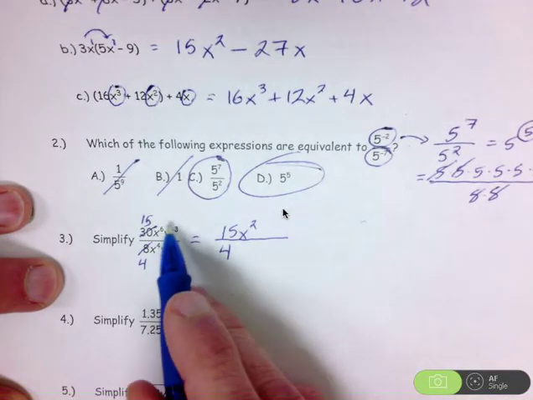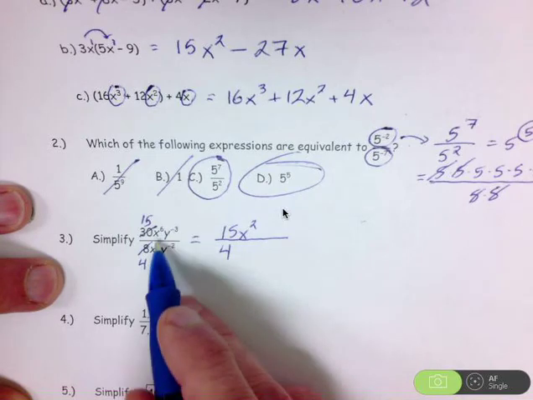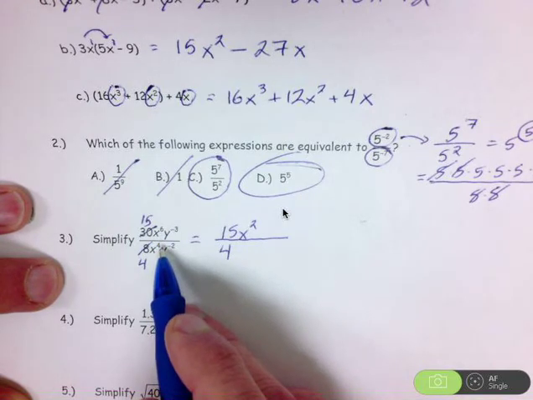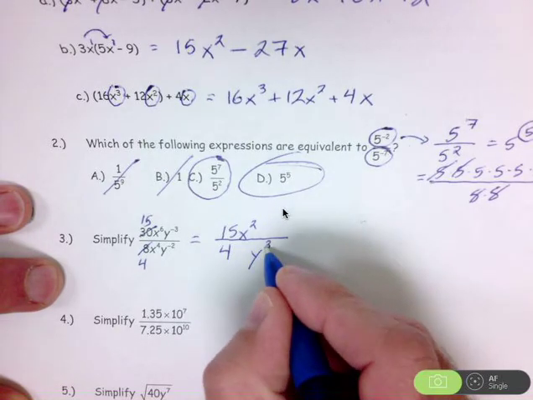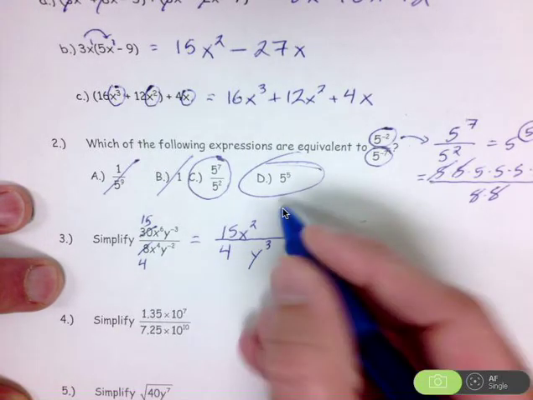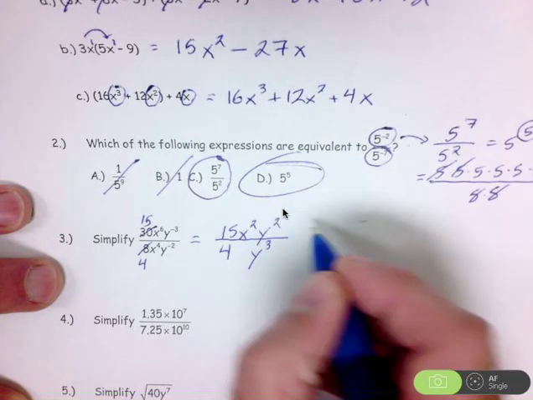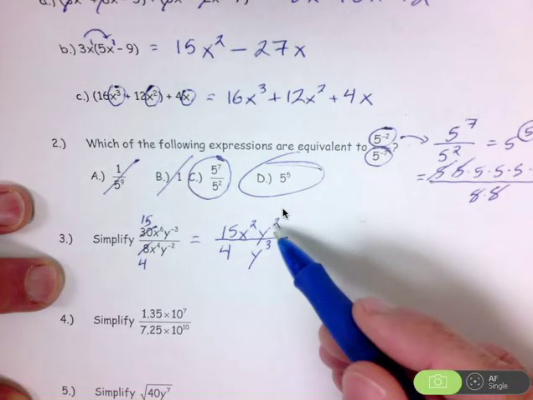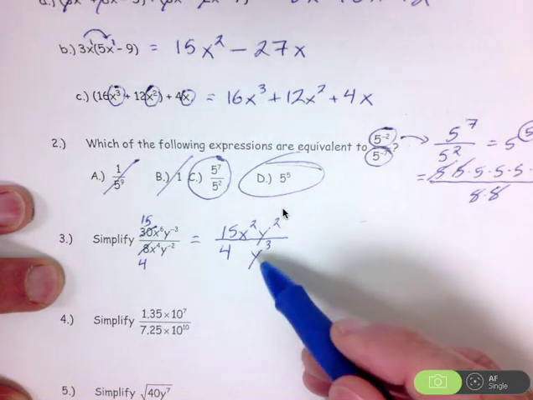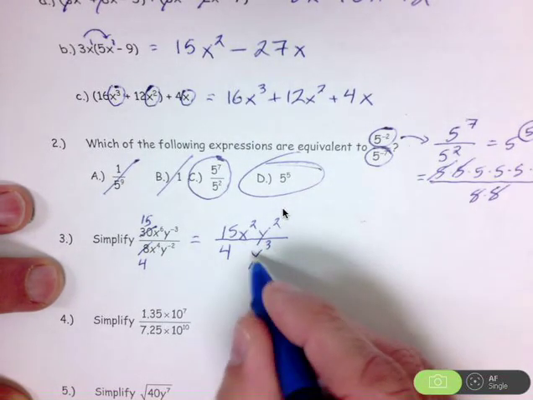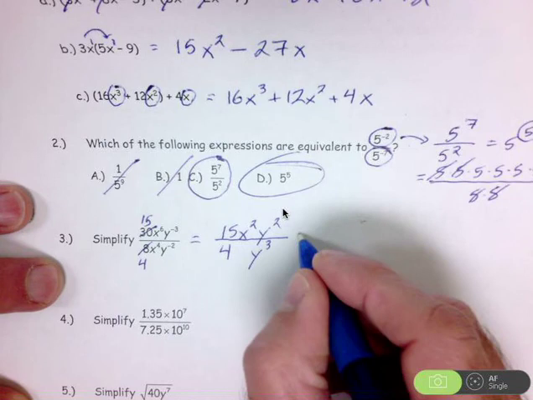And then I can move these terms with negative exponents in order to make positive exponents. The y to the negative 3rd will make y cubed in the denominator. The y to the negative 2nd will make y squared in the numerator. So notice if I take the 3 minus the 2, I get an exponent of 1, but there are more y's in the denominator, so that 1y will be left in the denominator.